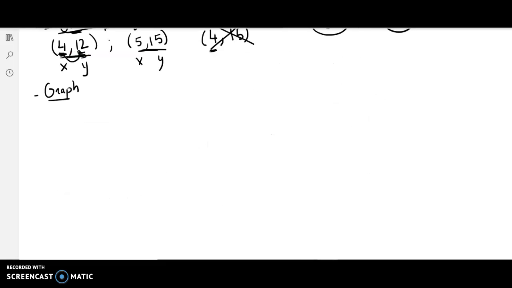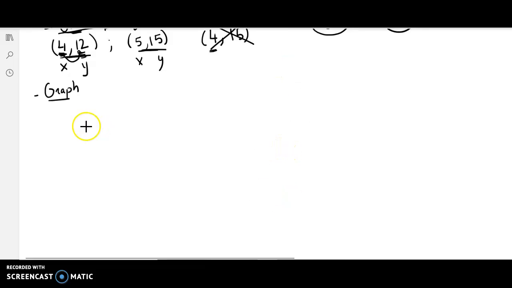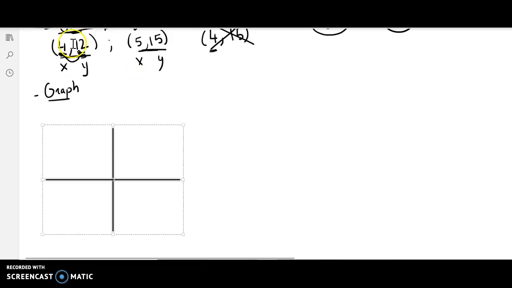Well, so we're going to make a coordinate plane. And we are going to represent the two coordinates that we have up here, because this pair of numbers are also coordinates. So, well, I'm going to make this quickly. The 4, 12 could be right here, for example.